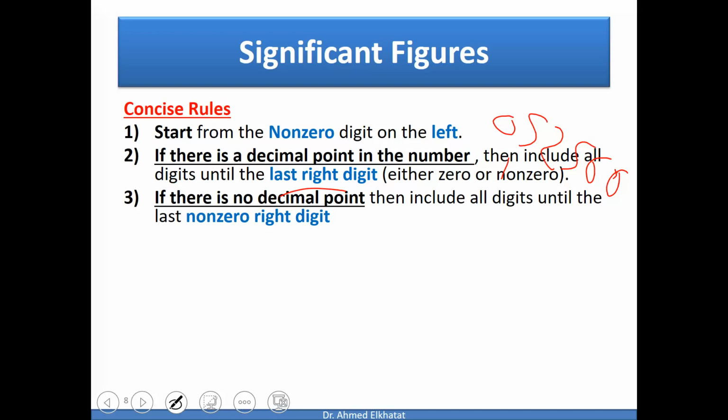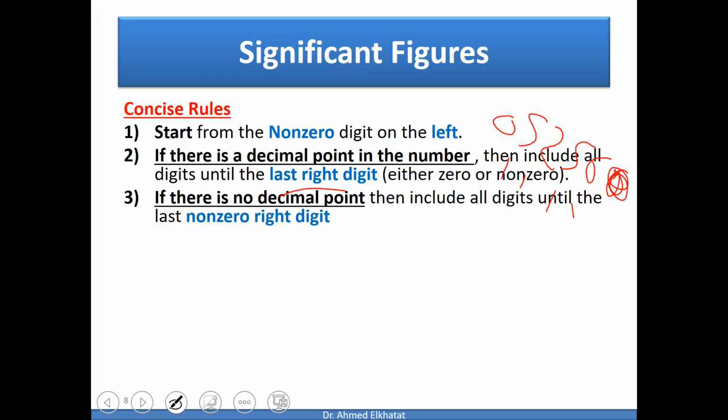Now suppose that we have this number. Again it doesn't include any decimal, so I should count from non-zero until the last non-zero. So I have 3 1 2 3, this is 6 and this is 0. Let's make it clear, this is 0. So 1 2 3 4, I have 4 significant figures.